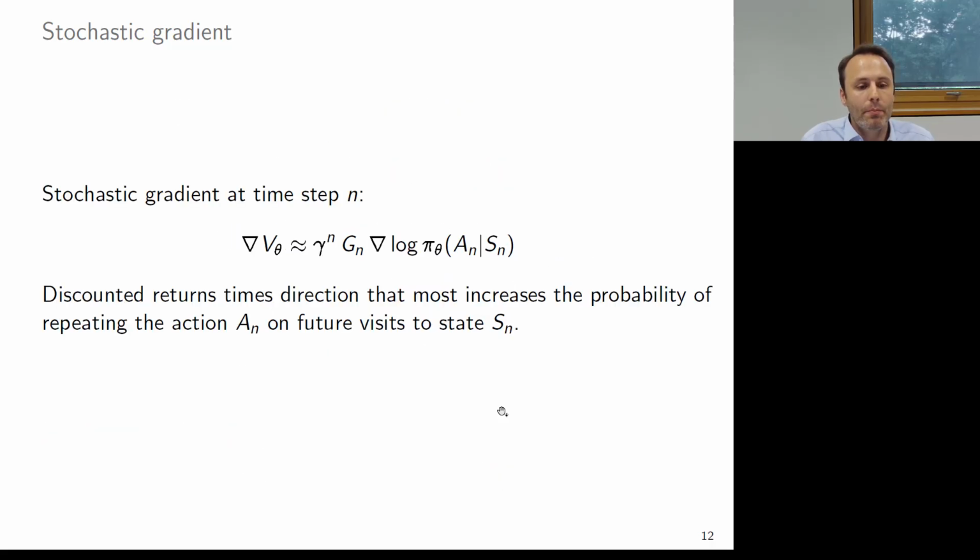And now, as mentioned just now, the interpretation of this is that we have the discounted returns, which is this, times the direction that most increases the probability of repeating the action a_n on future visits of the state s_n.